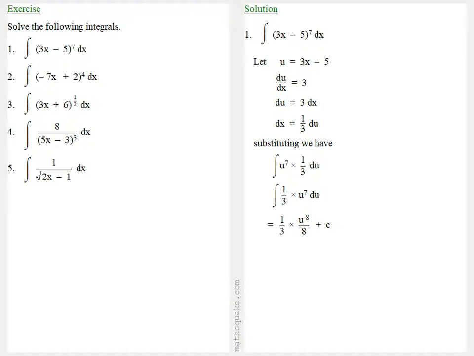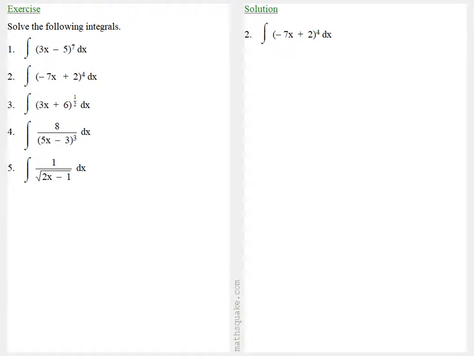So we have a third times u to the 8 over 8 plus c. We must always remember to add a constant at the end. So this gives us u to the 8 over 24 plus c, and now we can substitute back the u for 3x minus 5. So this gives us (3x minus 5) all to the power 8 over 24 plus c.